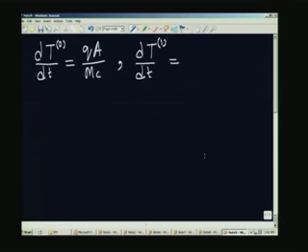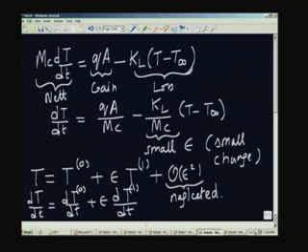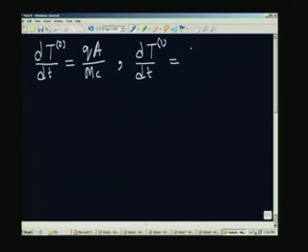If you go back to the previous, you will see that dT naught plus epsilon times dT1 by dt, epsilon is multiplying this, epsilon is also multiplying this. Therefore, what I will get is T minus T infinity with a negative sign. That negative sign is coming from the fact that it is a loss term.